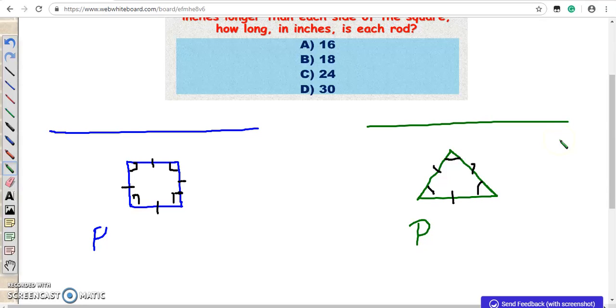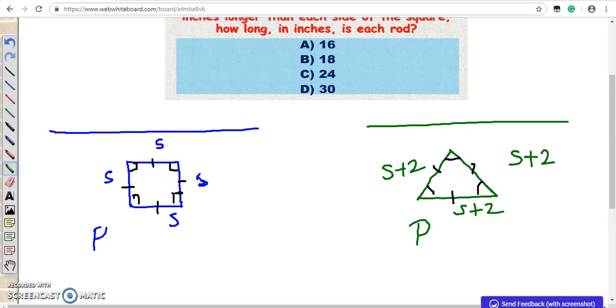Now if we consider that each side of the square is s inches, for example, they are equal, so I can write s in each case here, and for the triangle each side will be s plus 2 because they are 2 inches longer and they are congruent, so all the sides will be s plus 2.